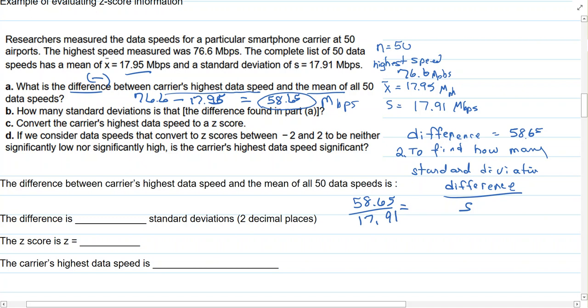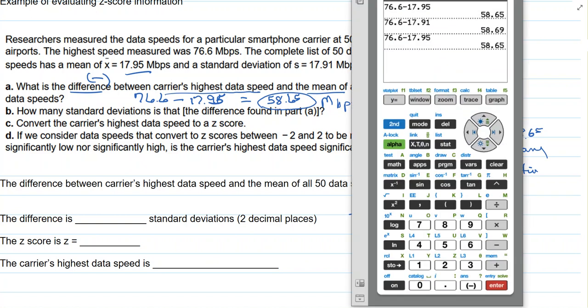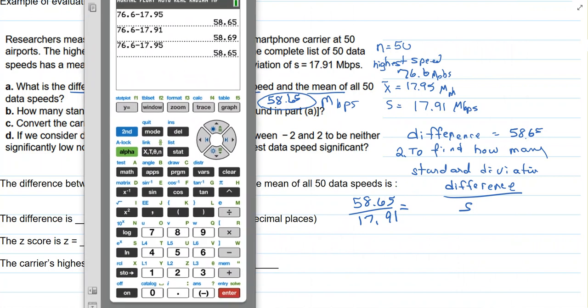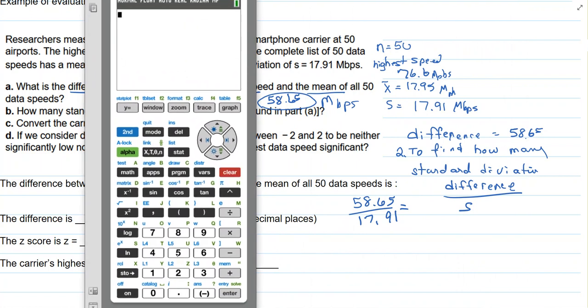Okay. I work everything out before I teach it just to make sure that I know the general size of the number. So we're going to take our calculator and do the clear and do a 58.65. Everybody do it with me.